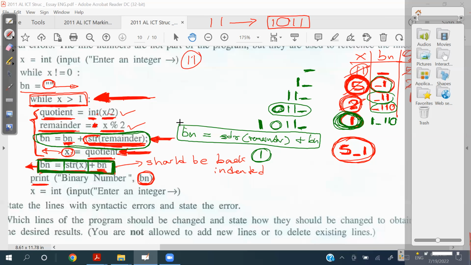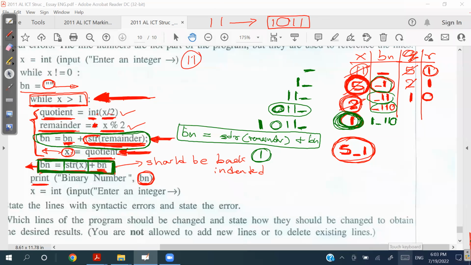Right. So therefore, you have to indicate these two logical errors.